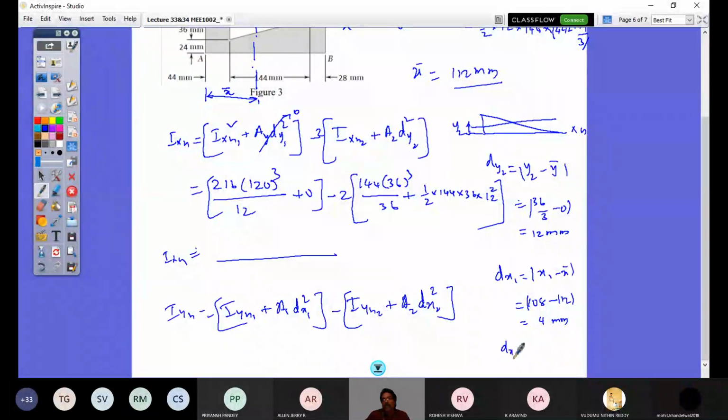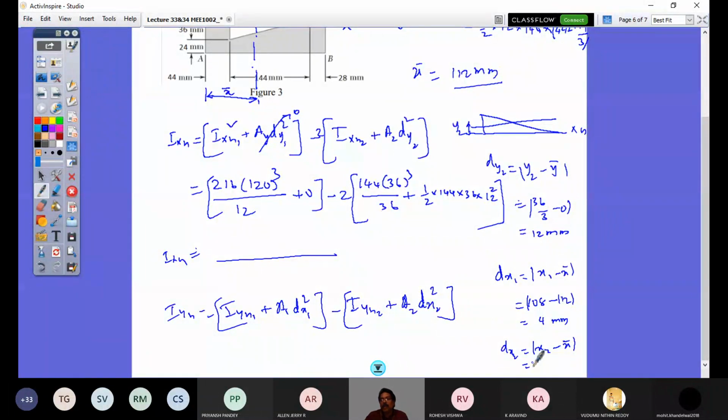What is dx2? It is x2 minus x bar. So the x2 value, for the triangle, is 1/3 of 144 plus 44. So how much is it? 144 divided by 3 is 48, plus 44. So that's 92.